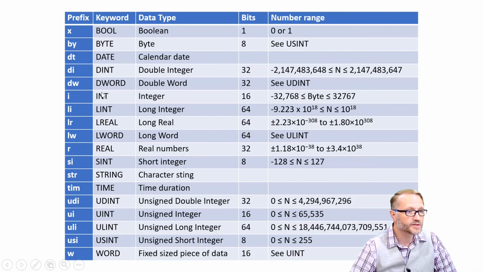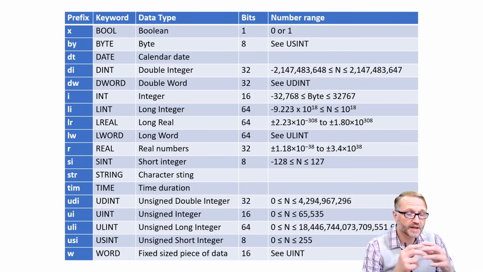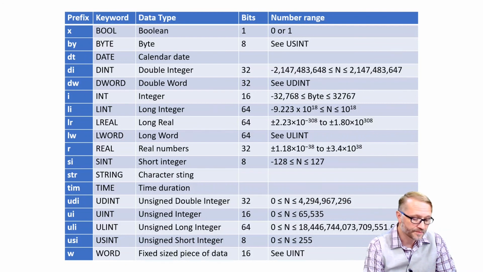So if you're going to use an integer, make sure there's an I in front of it. You might ask why we're using this Hungarian notation, to which I would say this. First, we're going to be doing a lot of coding that's done outside of the connected components environment. We're going to be using pencil and paper for the quizzes and exams.